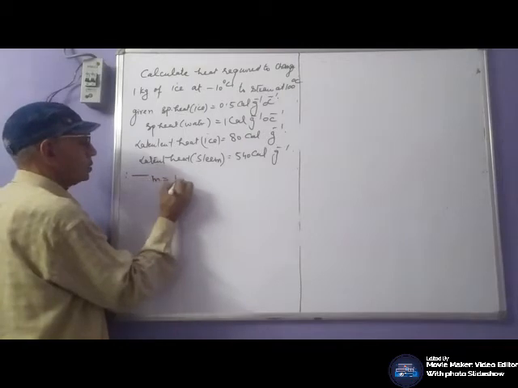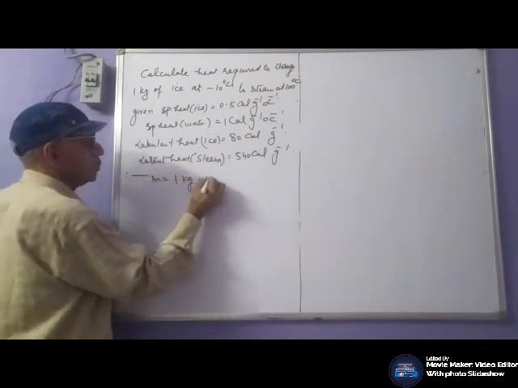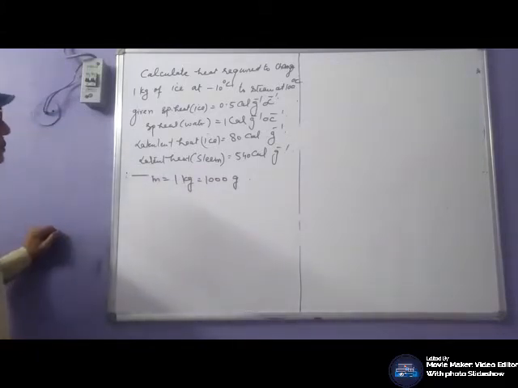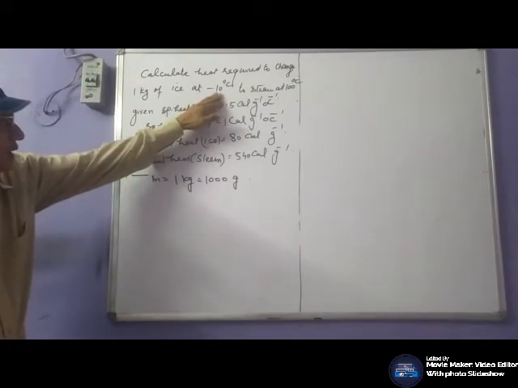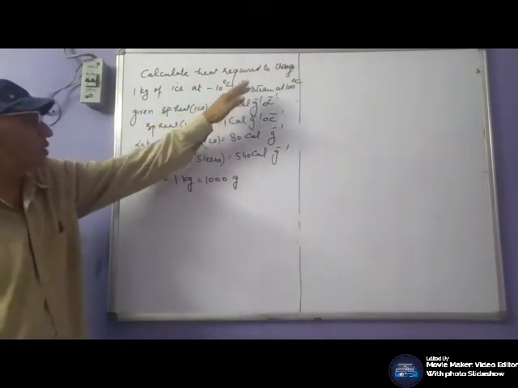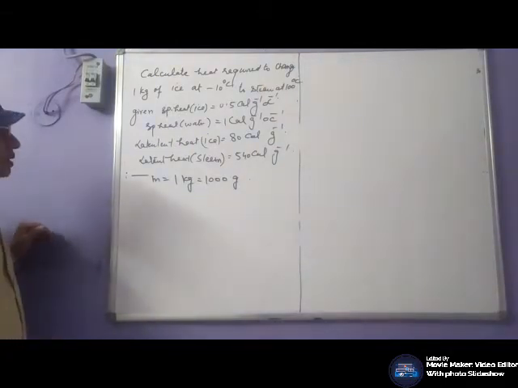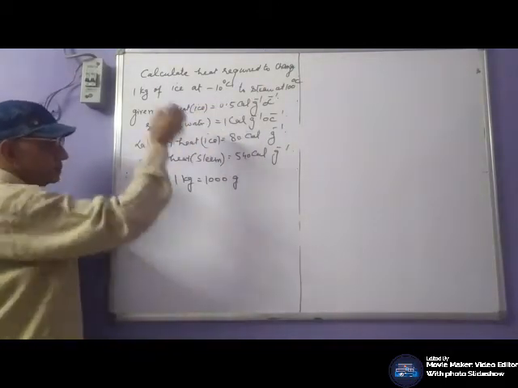Now mass 1 kg is 1000 gram. It is at minus 10 degrees Celsius. We have to change it into steam at 100 degrees Celsius. Given is this.